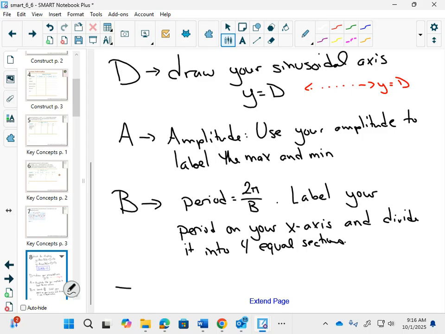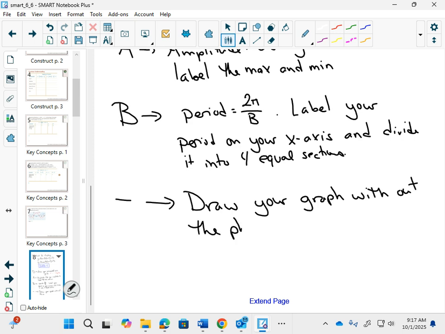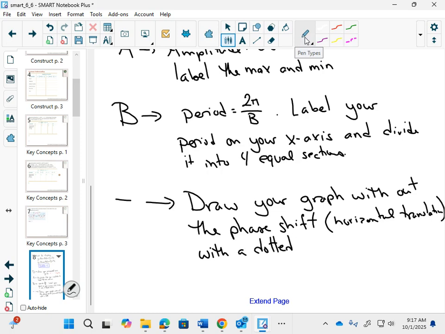The dash. Draw your graph without the phase shift, without the horizontal translation, with a dotted line.